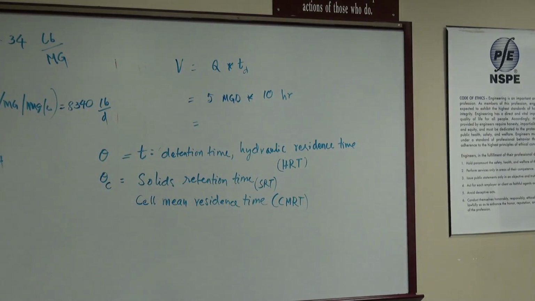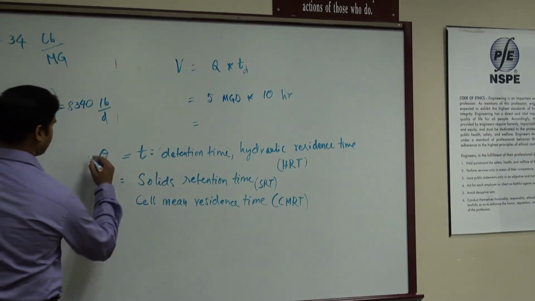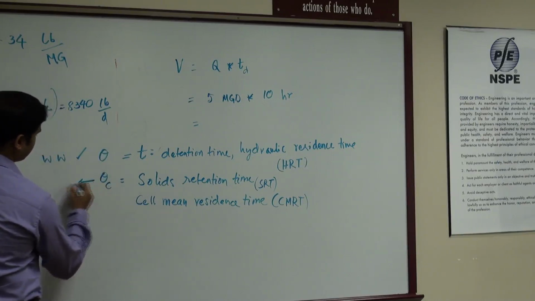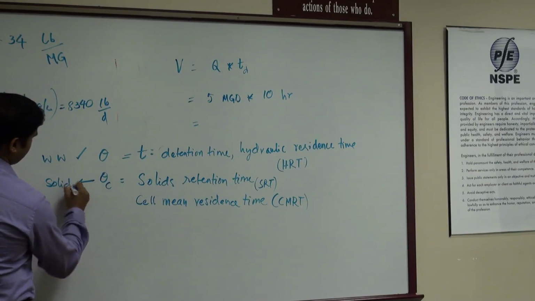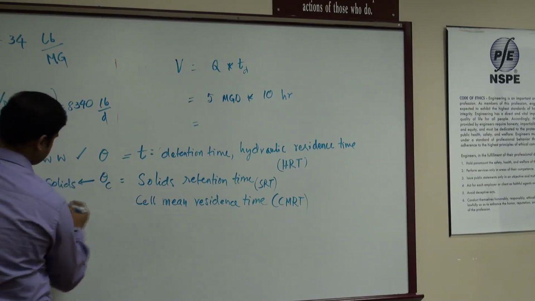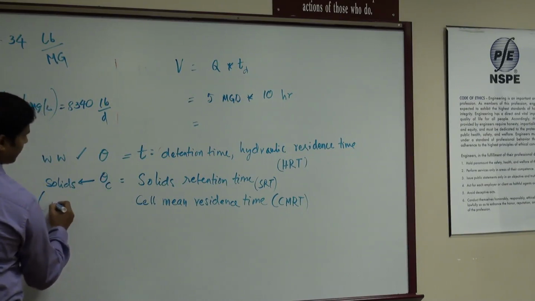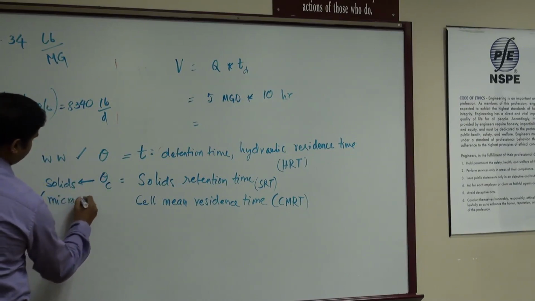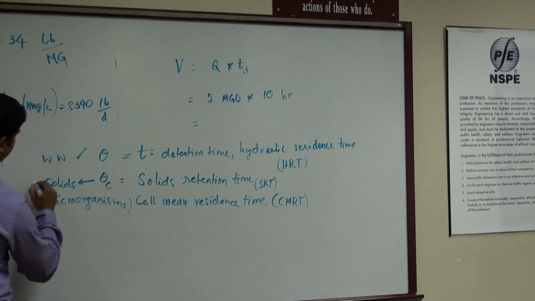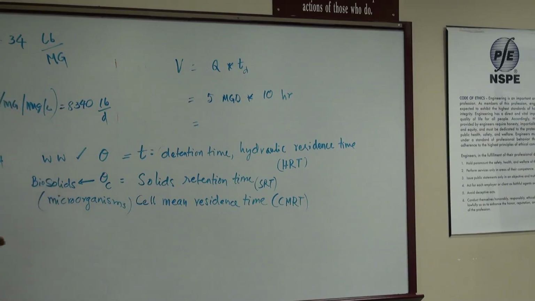That means the first one is related to your wastewater. This one is related to your solids, biosolids or cells. As it says cells, it means the residence time of the microorganisms. So I'm going to write this as biosolids. Okay, pay attention to those terms.